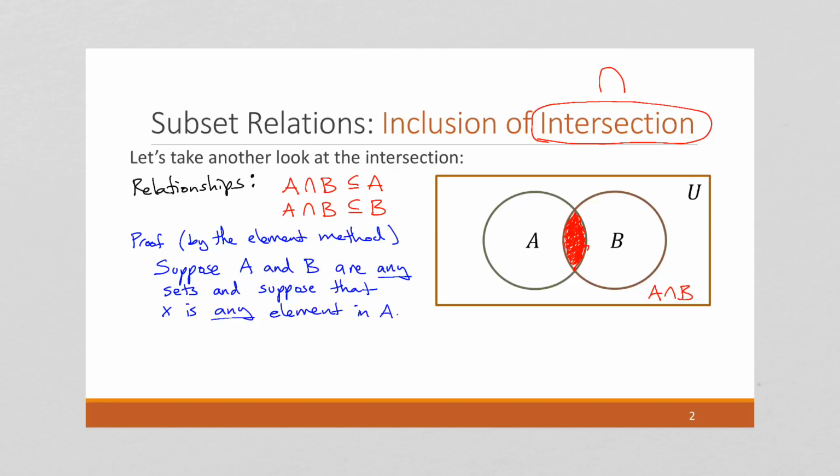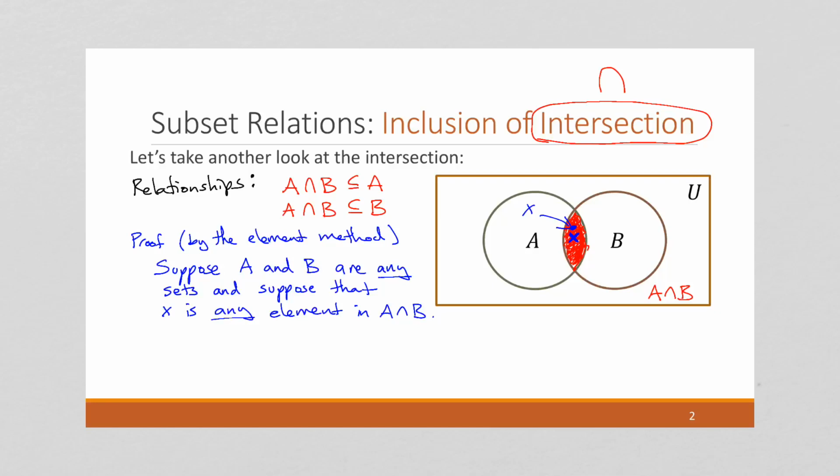in A intersect B. Right, so it's hard to see right here, but I've colored this in too much, but there's X. Right, so that's X right there. Well, what do we know?